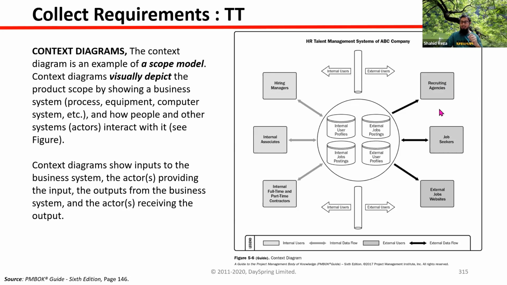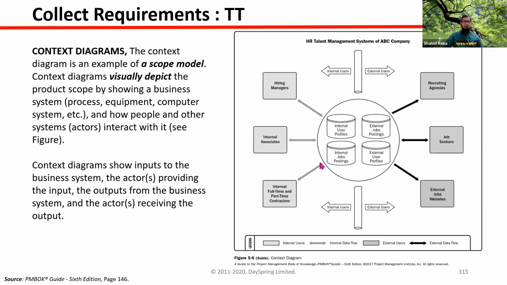And on the right side, these are the external actors, and what they will do with this system. These are the internal users, and on the right side, the external users. And these are the actions, what they want to do. Internal users can create their own profile in the system.